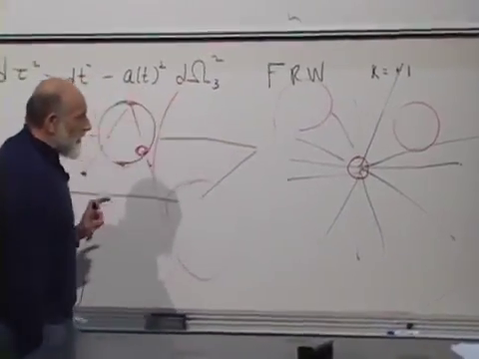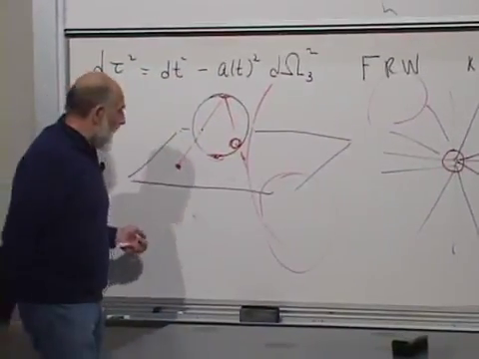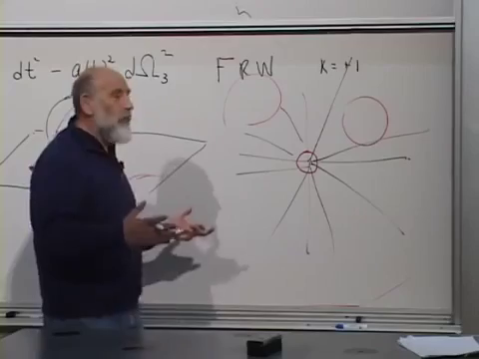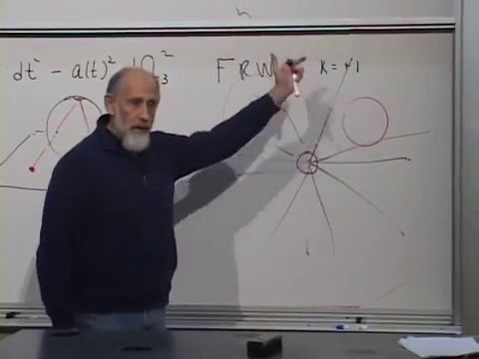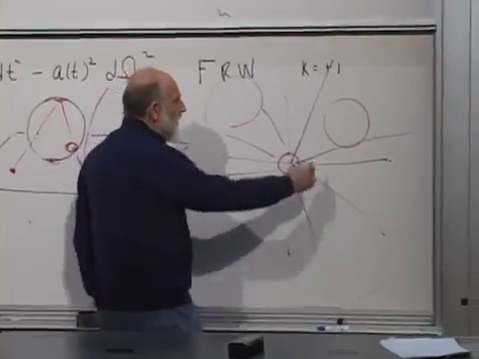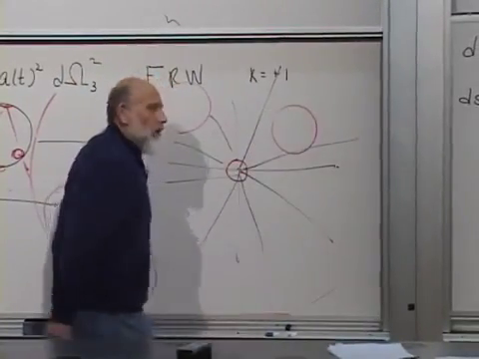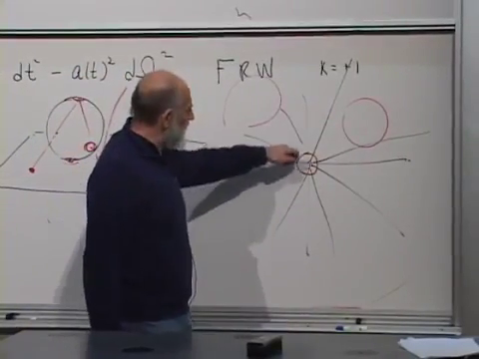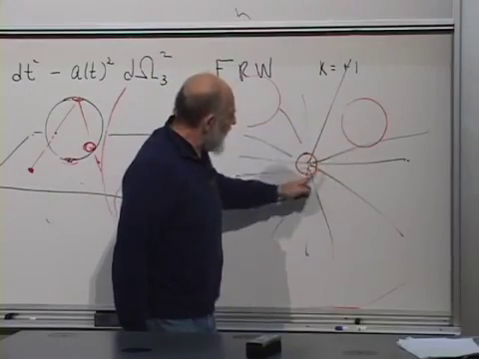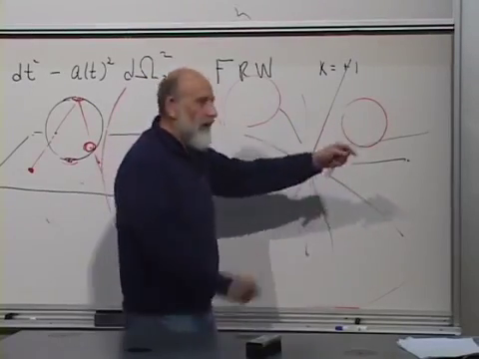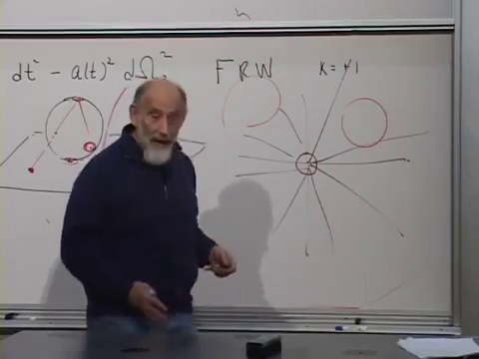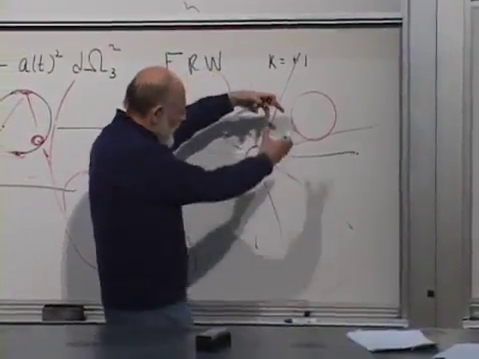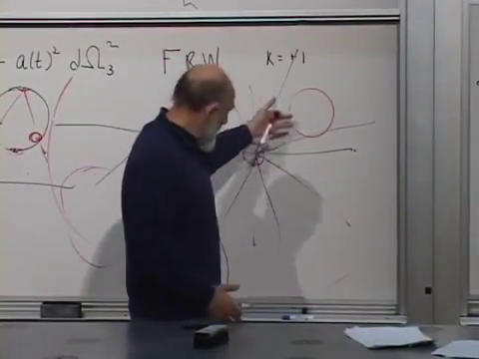Now, the main thing I want you to notice now, and which is more or less obvious, is that if you were at the center, let's put us at the South Pole now, and we're looking out around the world, we see angular sizes which are distorted relative to the size of the object. In other words, this object over here looks too big to us. When we look at it, it subtends too large an angle compared with flat space. Compared with flat space, this object will look too big to us.